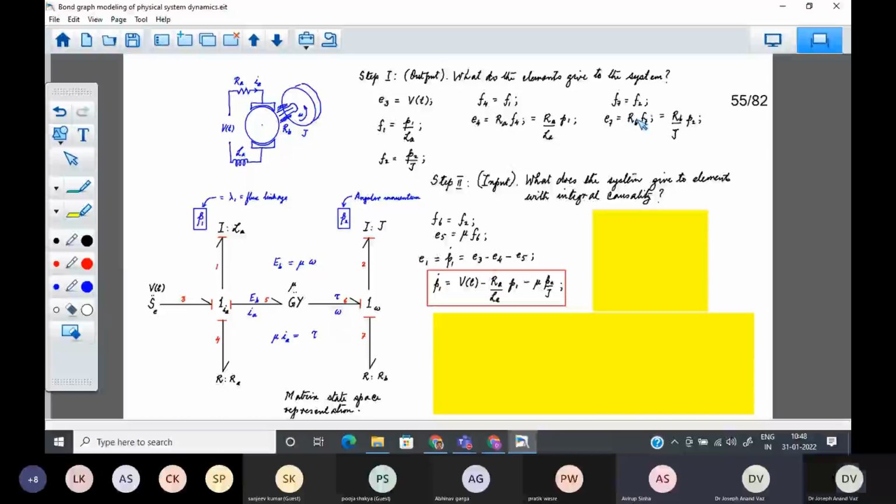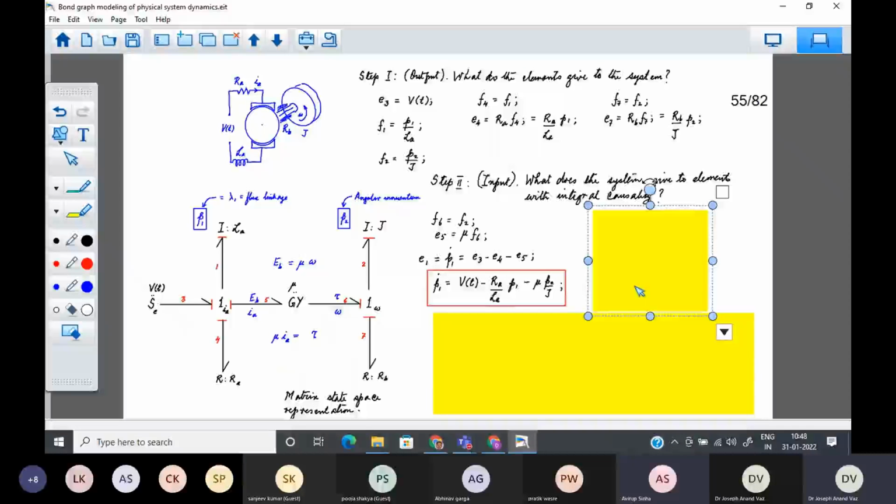Effort 5 is the same as mu into flow 6, and flow 6 is the same as flow 2. So this is the first system equation for this system. You can see the left hand side is derivative of the electrical momentum or the flux linkage, and the right hand side is in terms of states and parameters.